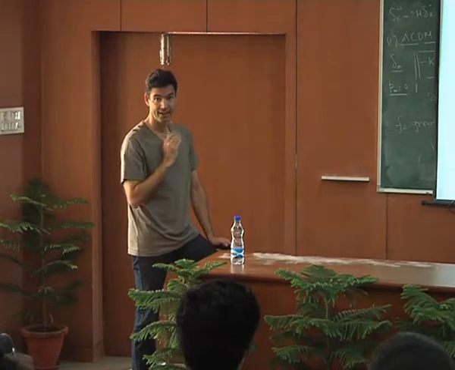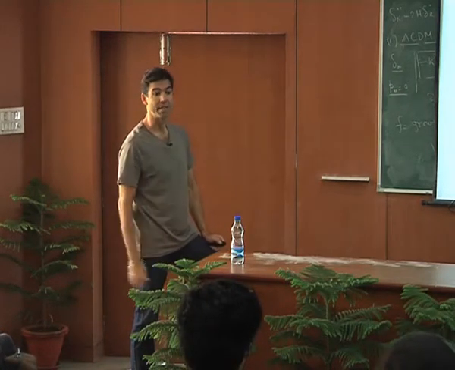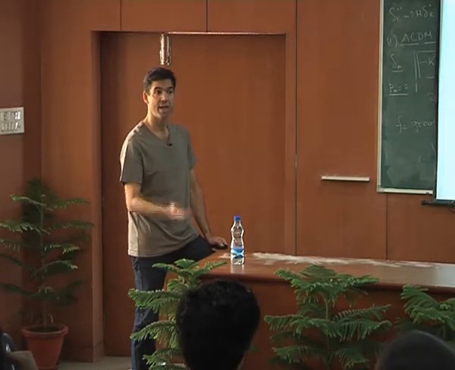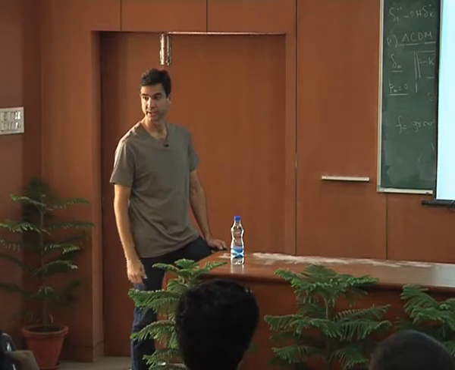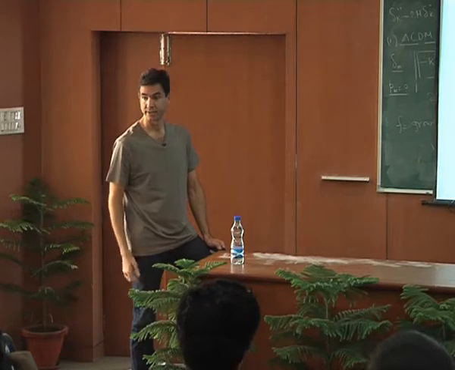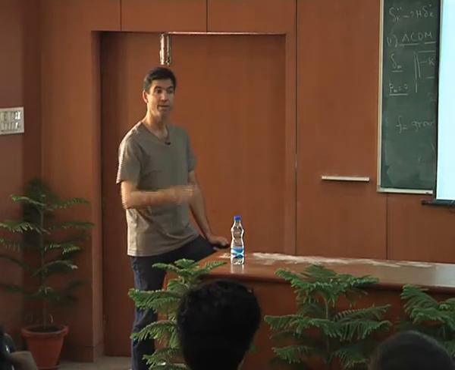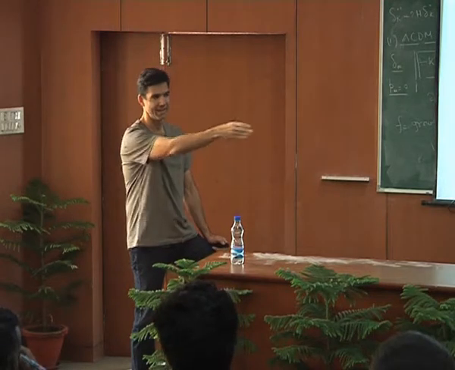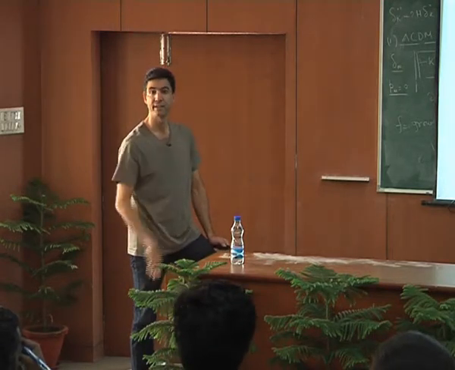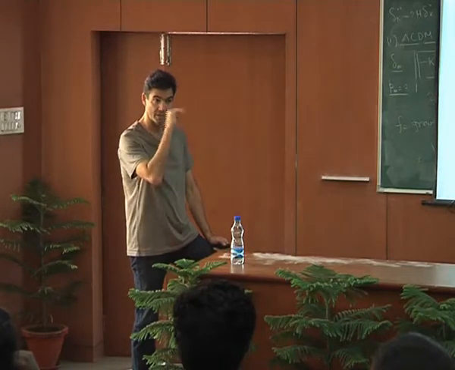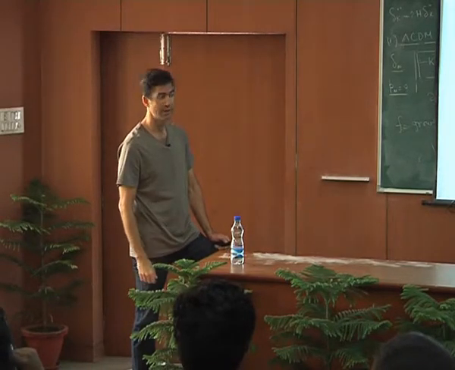Suppose we take the time of the CMB, age 400,000 years. The time now is 14 billion years. I can take the ratio of those times, and that number is like 35,000.